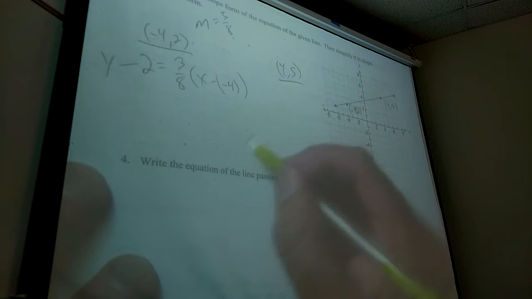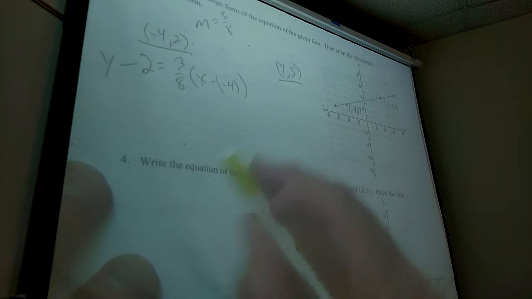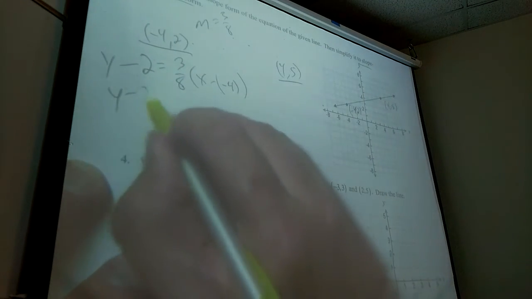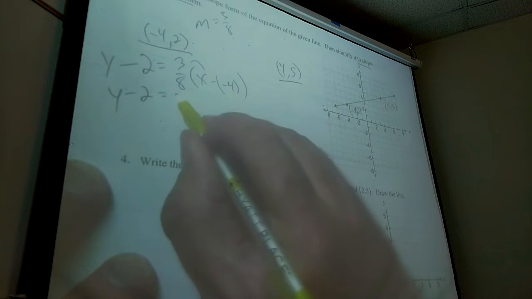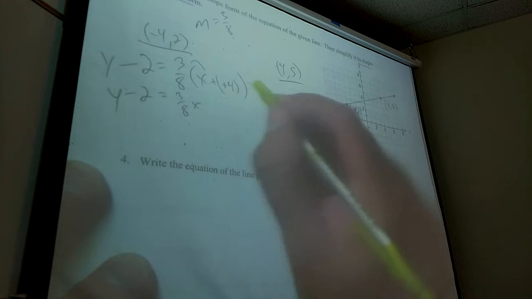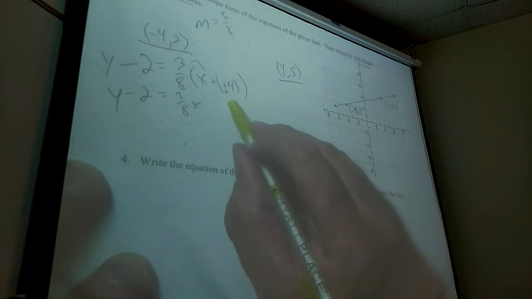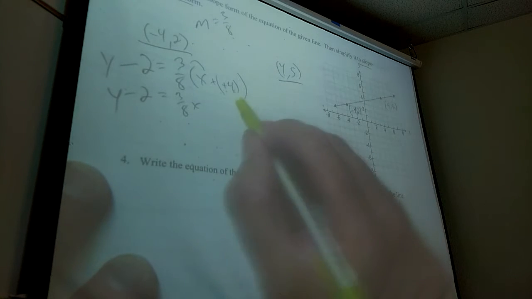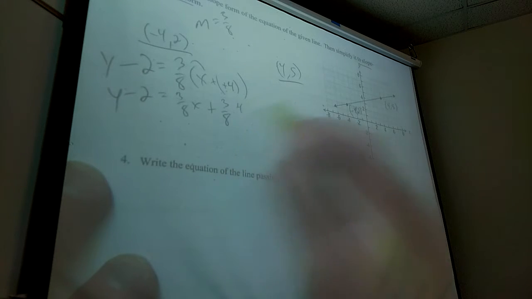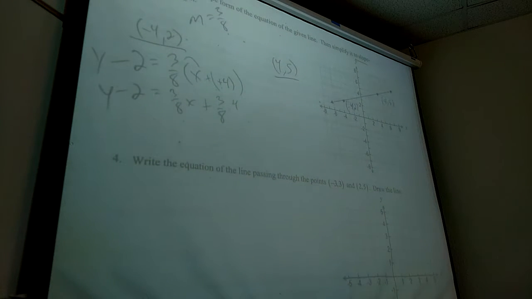Some of you might want to give up halfway through this, but it did say simplify to slope-intercept form. So 3/8 times x, I'll do that part. This is plus 4 in here, right? So 2 negatives, is that cool? What's 3/8 times 4? One smart thing to do is just to write the problem so you can do it on the next step.